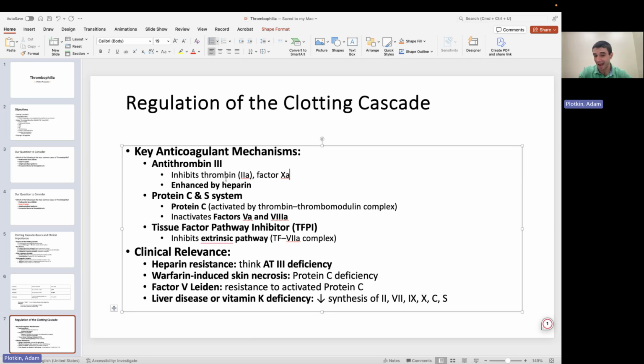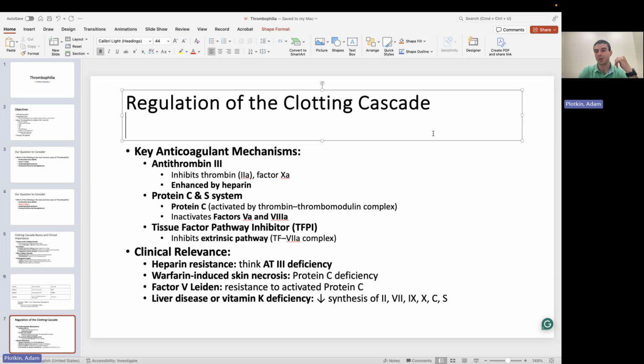There's the protein C and S system. Protein C is activated by the thrombin-thrombomodulin complex, and it inactivates factors 8 and 5, okay? Super important here. Protein S does more or less the same. Protein C gets all the limelight because we have a known inherited deficiency of protein C. But really, these guys' job is to shut down factor 5 and factor 8.